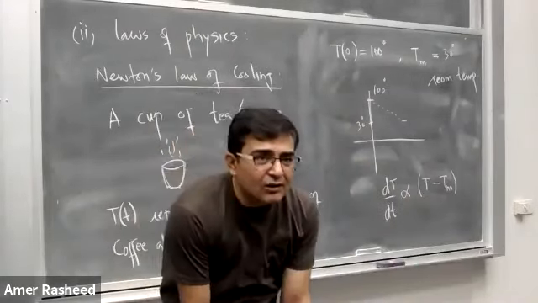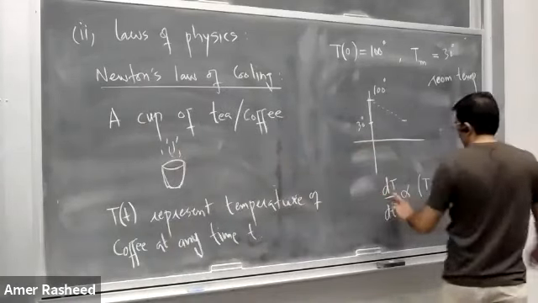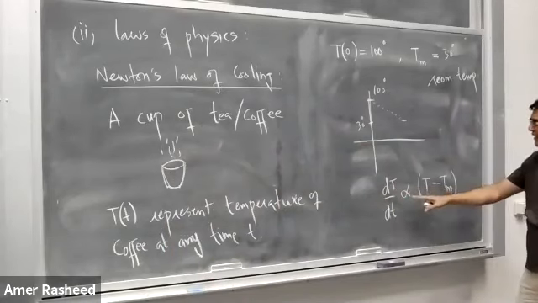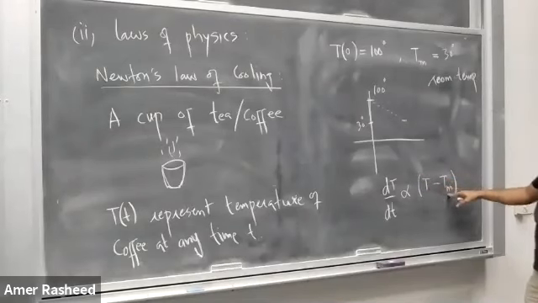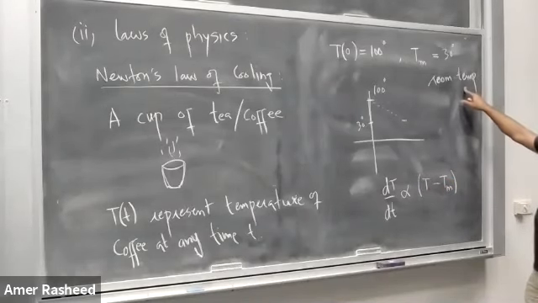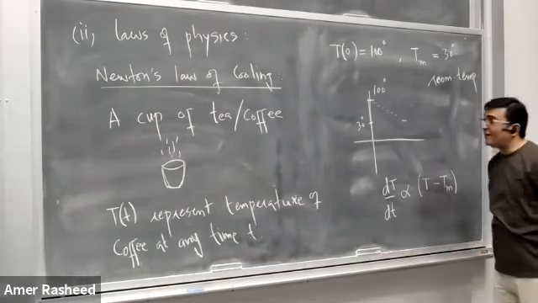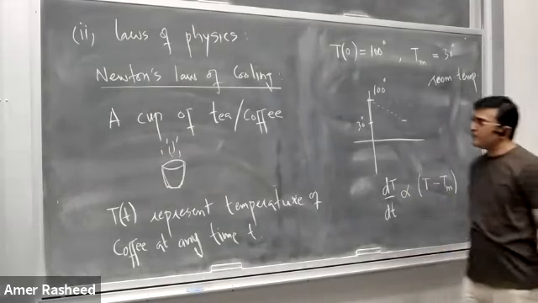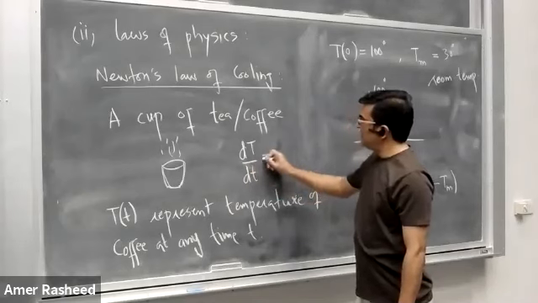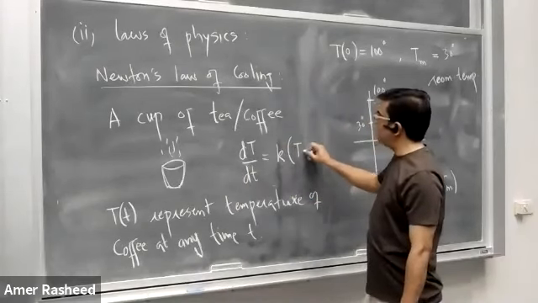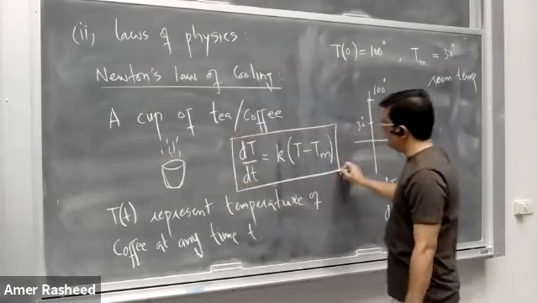Removing the proportionality, you will get dT by dt is equal to some constant k times (T minus Tm). So this is your differential equation.